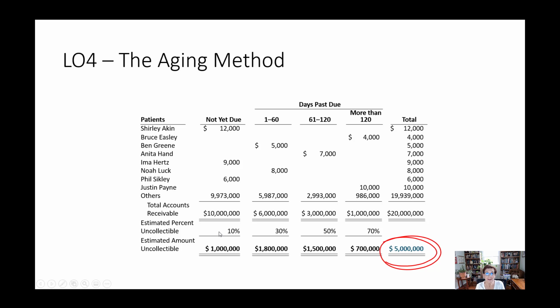Well, it's less likely that it's going to be collected, right? If a customer hasn't paid you and they're 120 days, so like 4 months overdue, it seems that based on their experience, 70% of those receivables are not going to be collected. And so we start with the lowest percentage. Those are the recent ones.